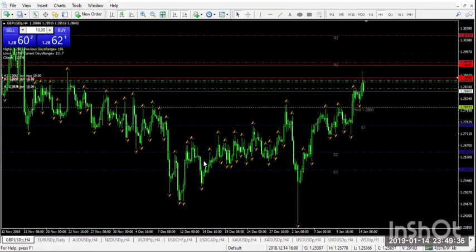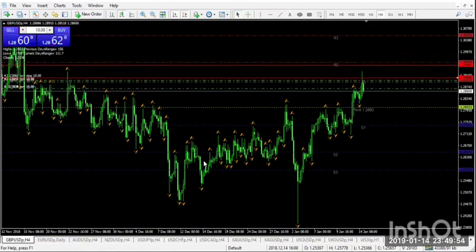You see, I was saying that between R1 and R2, imagine that we find a very powerful pivot, for example a shadow pivot, on the daily time frame.